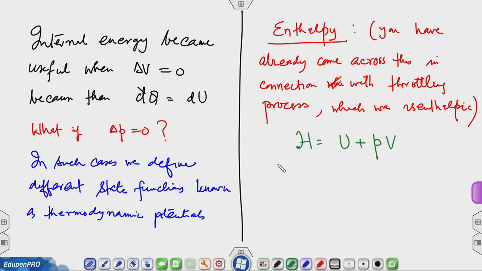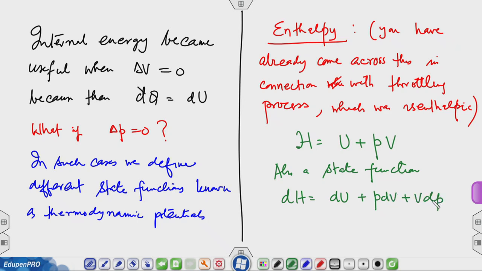It is also a state function. It depends on the state, no path business. So, you have dH equal to dU plus P dV plus V dP.